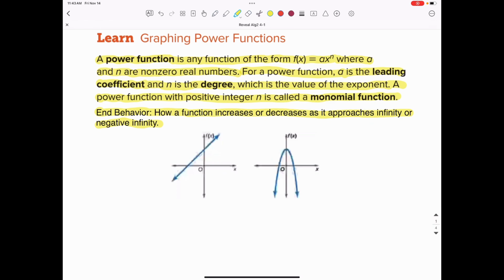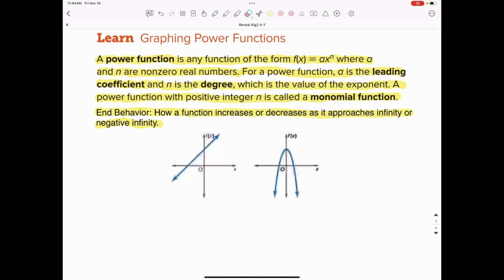But also notice that as this graph is going to the right, it is also increasing. And as it goes to the left, it is decreasing. So how it is going to the right and to the left, and whether it is increasing or decreasing, is referred to as the end behavior.